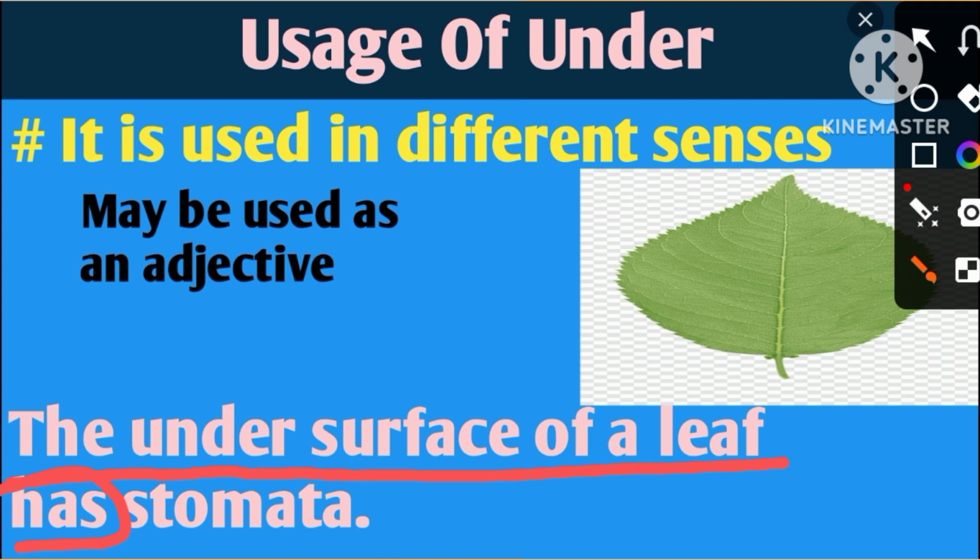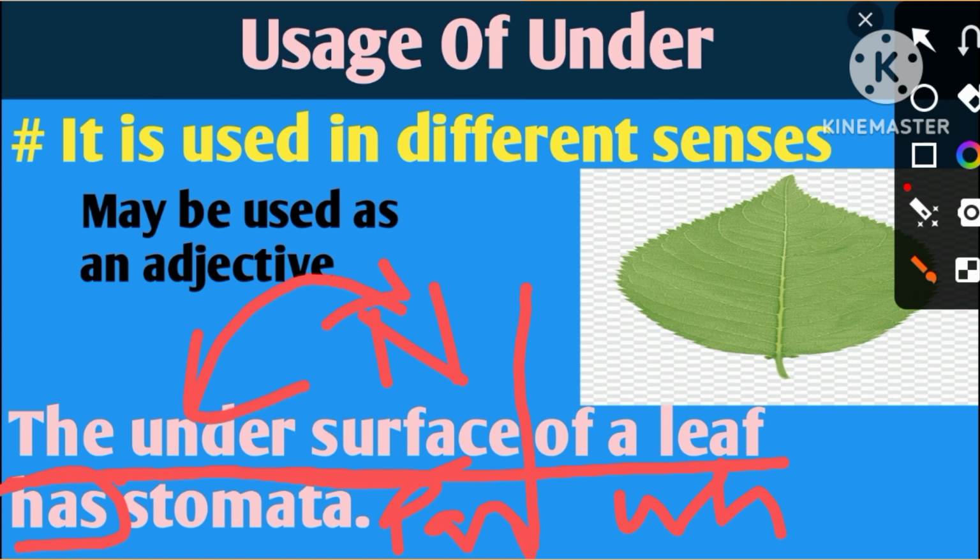But here in case of agreement, this part is important, the under surface, because this part refers whole and this part refers part. So here the surface, in this part you can see surface is the noun, and what kind of surface, the answer is under. What kind of surface? Answer is under, the under surface.